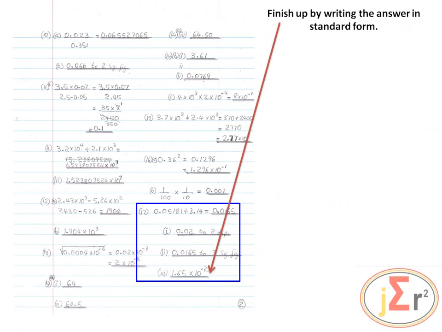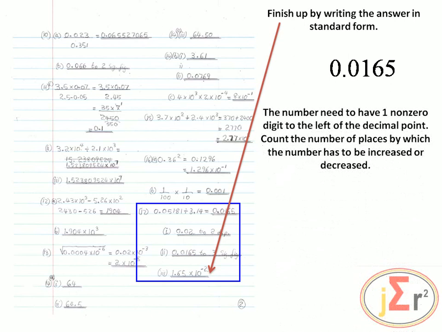Finish up by writing the answer in standard form. That same number written in standard form. The number needs to have 1 non-zero digit to the left of the decimal point. So count the number of places by which the number has to be increased or decreased in order to have 1 non-zero digit to the left of the decimal point. 0, 1, 2.